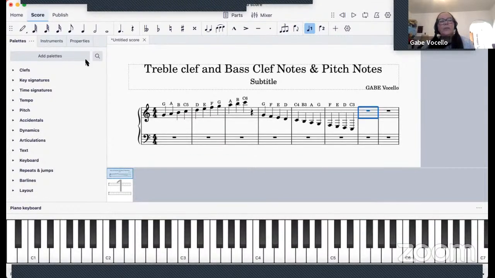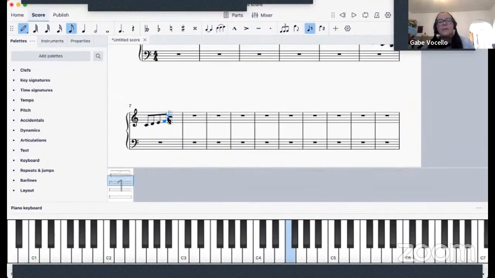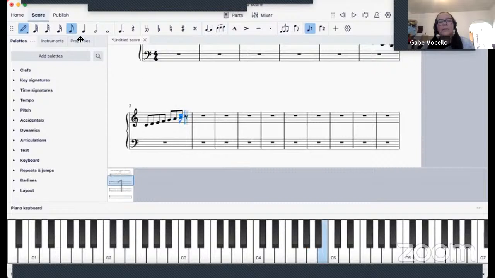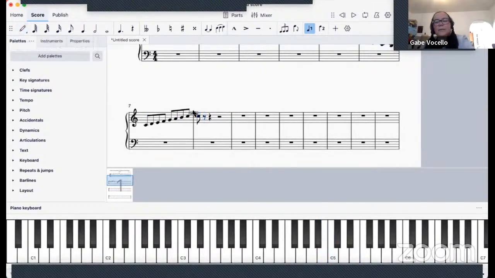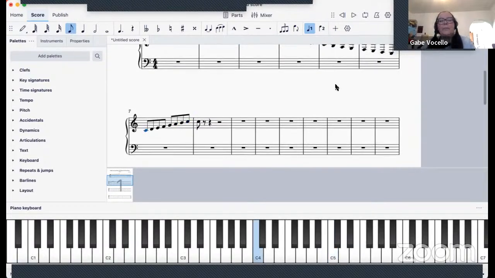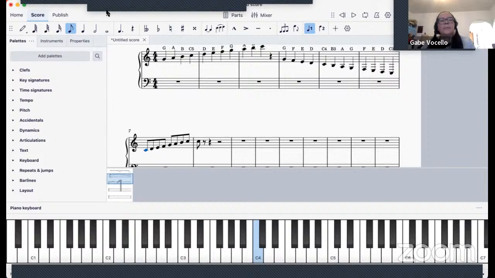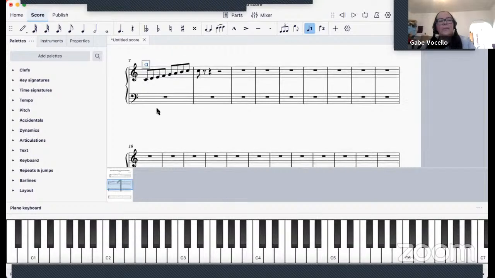Let me write this here. So the scale, I'm going to put it. So this is C4.